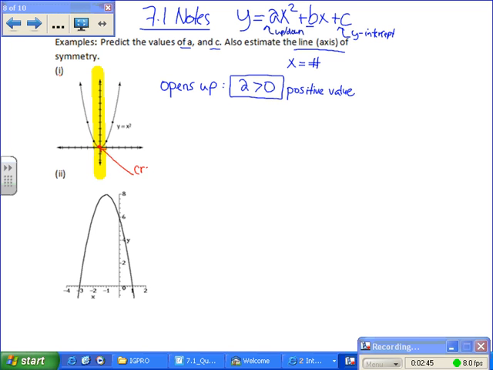The parabola crosses the y-axis at the point 0, 0. Or another way to say that is at the point y is equal to 0. The coordinate of that point is y equals 0. That tells me that c is equal to 0.